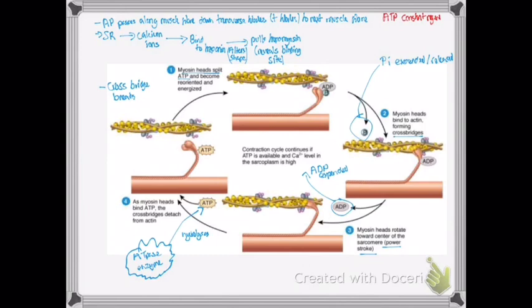Once the cross bridge is broken, we can attach to another binding site, so basically we let go of the rope with our hands, and that's because the ATP's broken that bond, and we grab onto the rope again if calcium is present, and then we do the power stroke by using ADP, and then we let go again. And each time we grab, pull it and let go, we've pulled the actin, which is our rope, and the Z line, which is our brick, closer to the centre of the sarcomere.